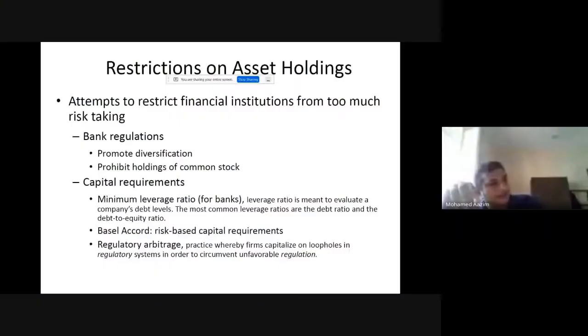Then you see, as I was mentioning, risk-based capital requirements. This is Basel. Basel is in Switzerland, one city.